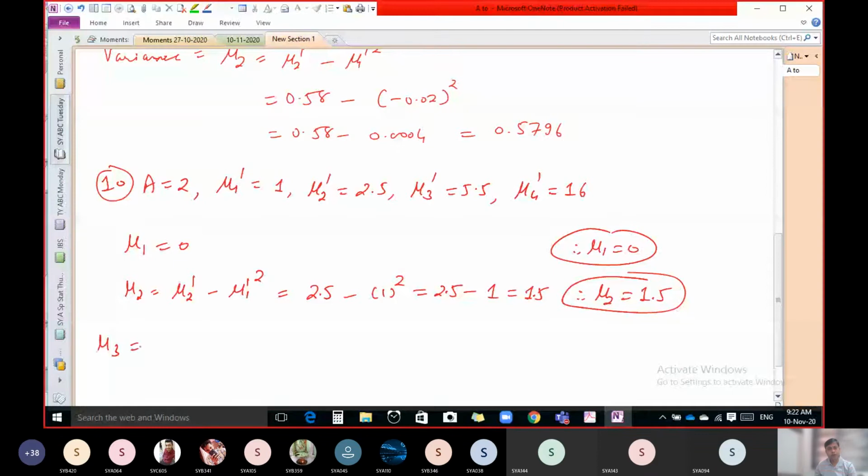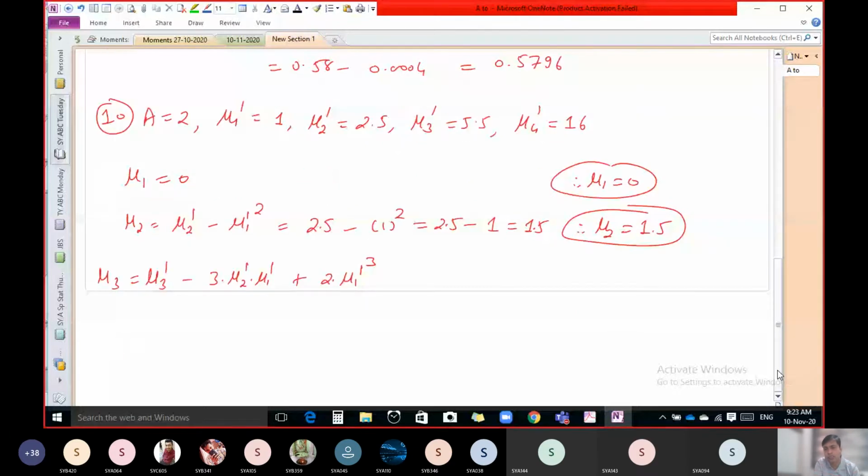Mu3, that is the formula of mu3: mu3 dash minus 3 times mu2 dash into mu1 dash plus 2 times mu1 dash cube. This is the formula to find mu3 when mu1 dash, mu2 dash and mu3 dash are given, and we already discussed it in our last lecture.